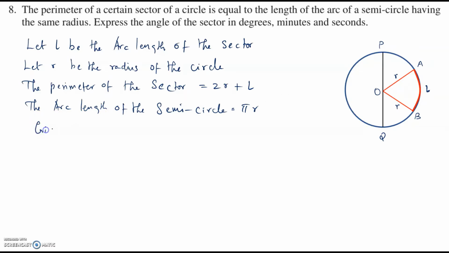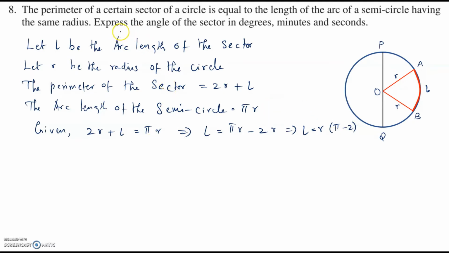So given 2r plus L is equal to pi r. Therefore, the arc length L is equal to pi r minus 2r. So you can further write it as L is equal to, take the r common, r into pi minus 2.